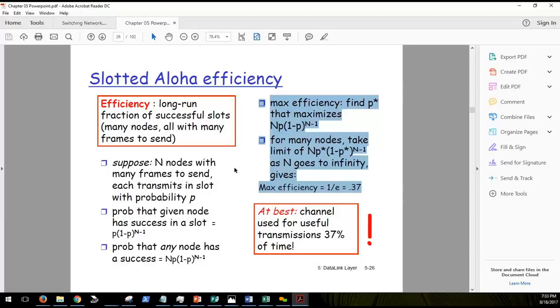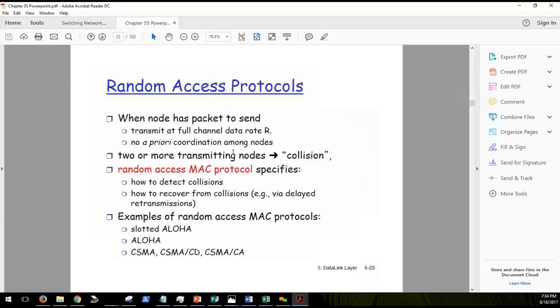Okay, so slotted Aloha. What technique does that use? I'll tell you right now. It's right here. Random access protocol. And here are the examples: Aloha, CSMA, CSMA/CD and CA.